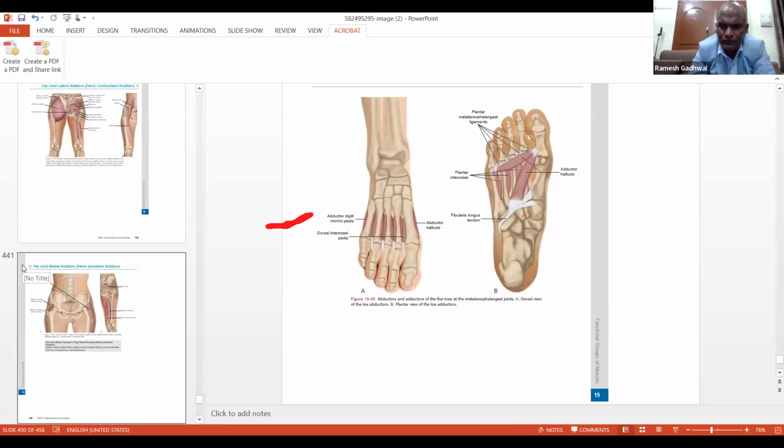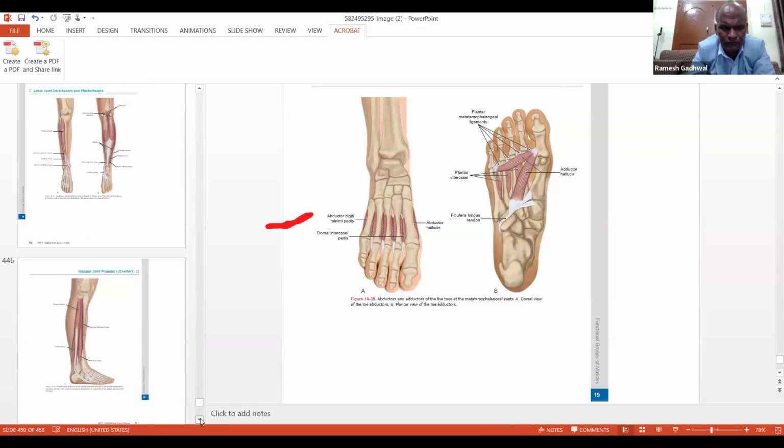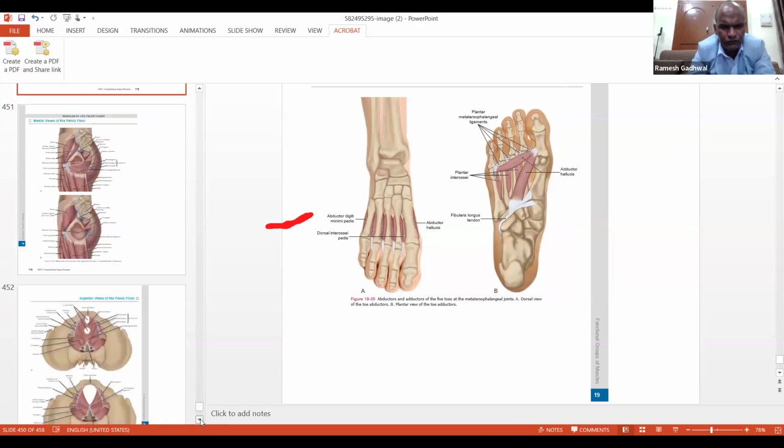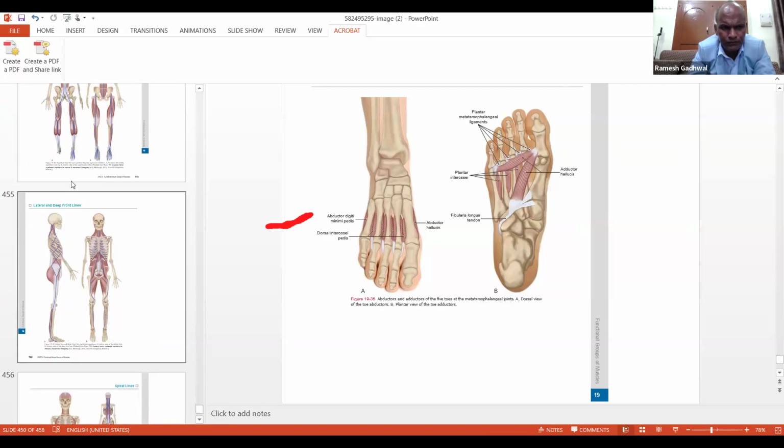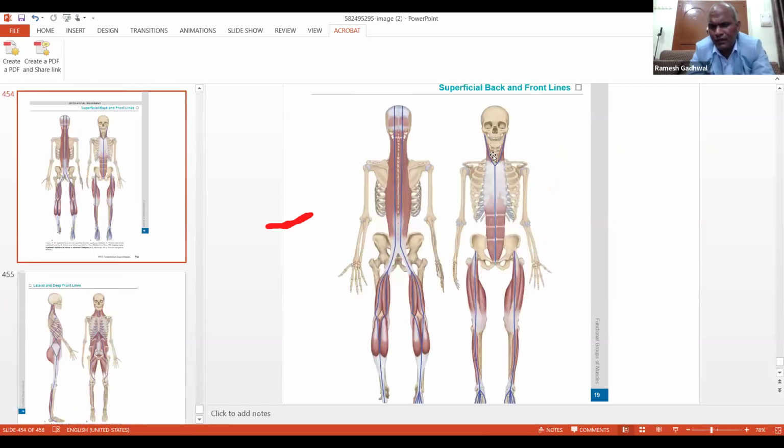So in this, if you see, this is the front line of the fascia.